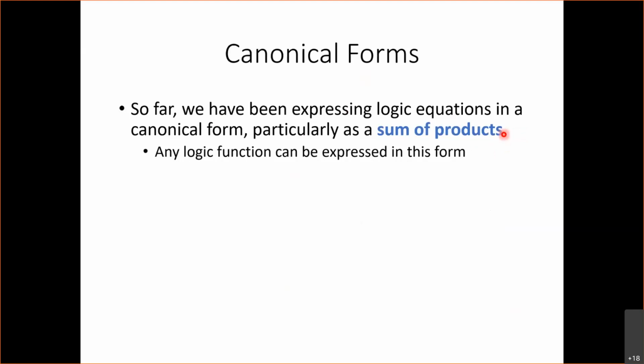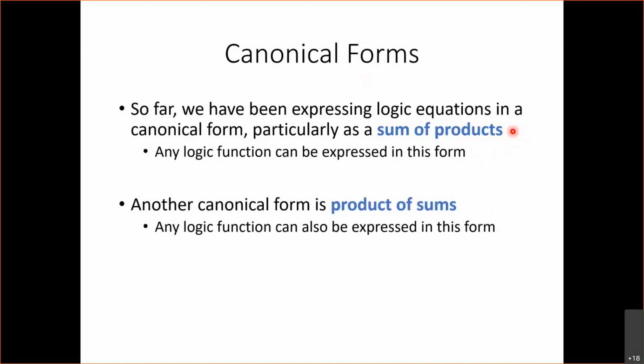Any logic equation can be expressed as a sum of products, but this is not the only way of expressing logic equations. Another commonly used canonical form is product of sums. Product of sums refers to when the equation is expressed as a product, so many terms ANDed together, and each of these terms consists of a bunch of inputs that are ORed together.